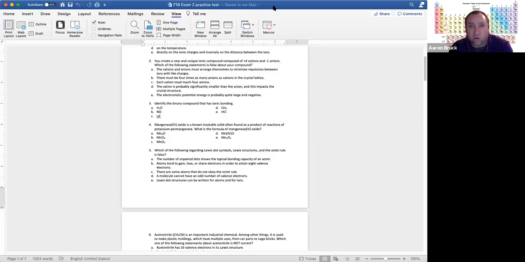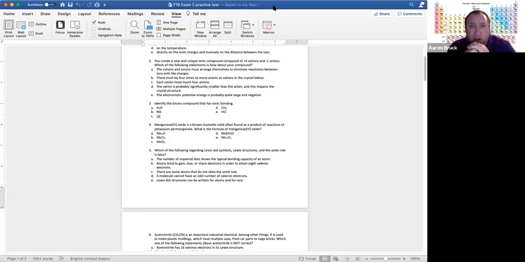Well, you could do it that way. You could also look at electronegativity. There's a table out there that gives you rough guidelines: if the electronegativity difference falls between this value and this value, we consider it to be polar. If it falls between this value and this other value, we consider it to be ionic.